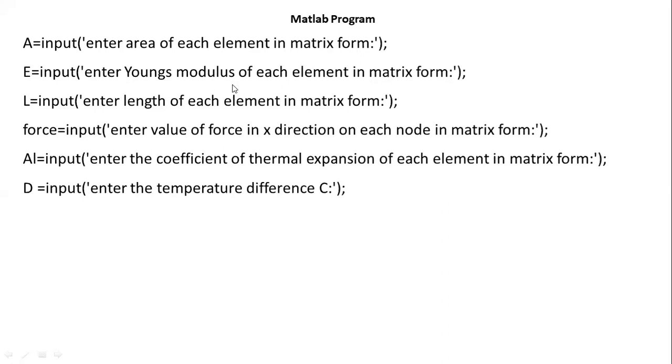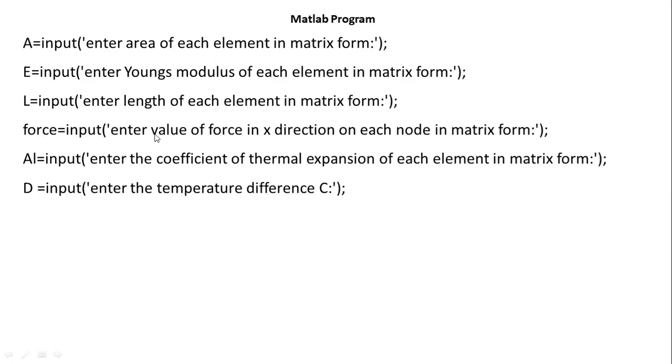Two Young's moduli of elasticity, for material 1 and material 2, aluminum and steel: 70 into 10 raised to power 3 megapascal, and second 200 into 10 raised to power 3 megapascal. These values are given in our numerical. Next, length of element: enter length of each element in matrix form. First, I think 200 mm, and second length 300.